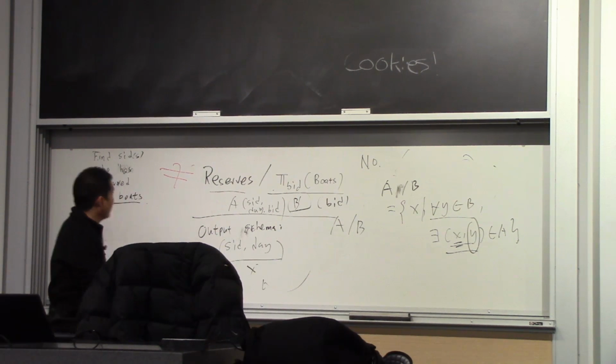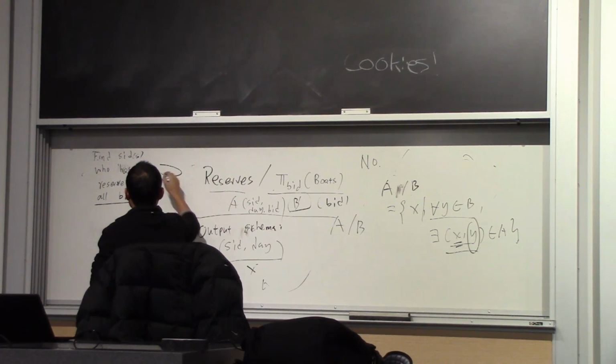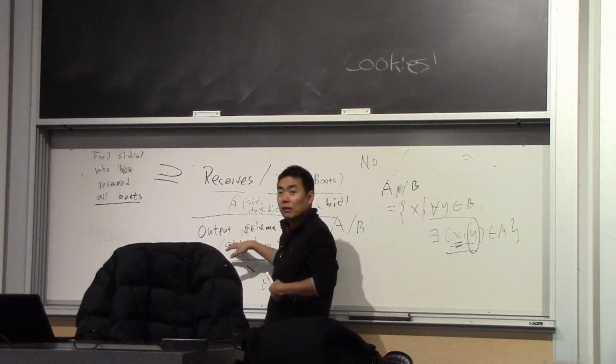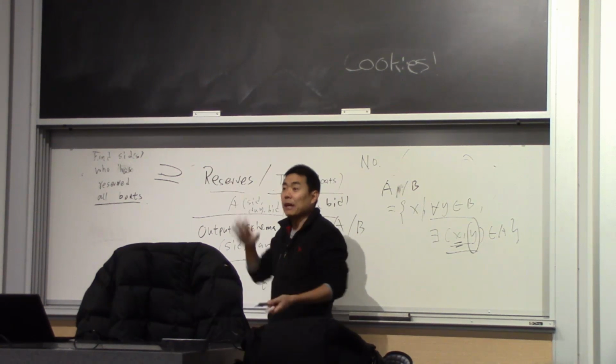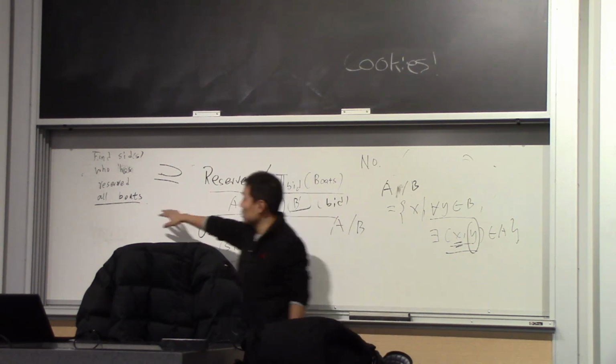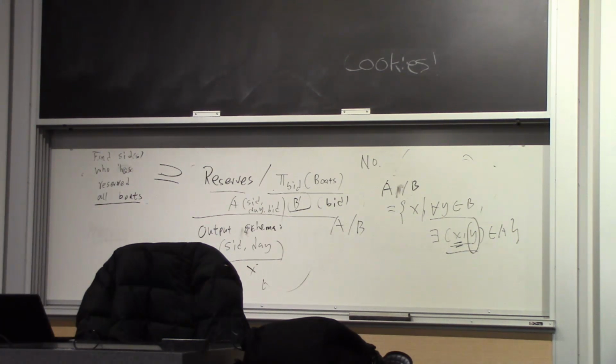So you are really finding a subset of what you want. That could be too restrictive. That's not what the query wants. The query asks you to find the sailors who reserve all the boats. It doesn't matter whether those reservations happen on the same day or different days.